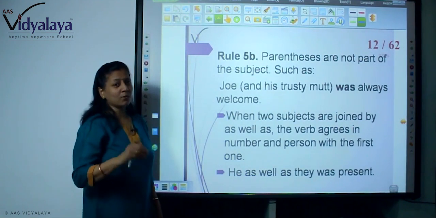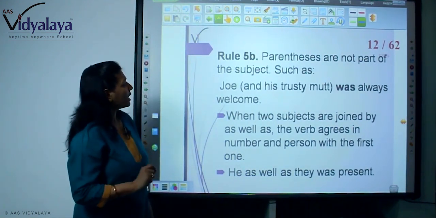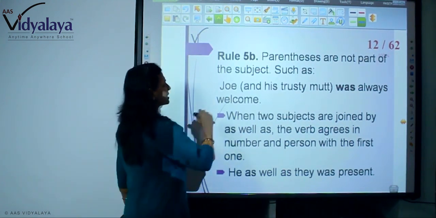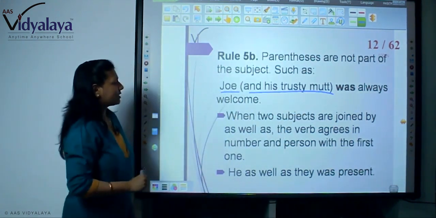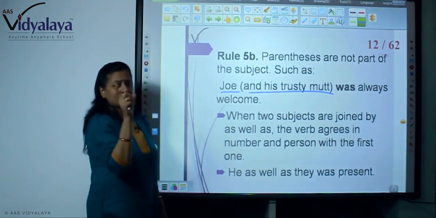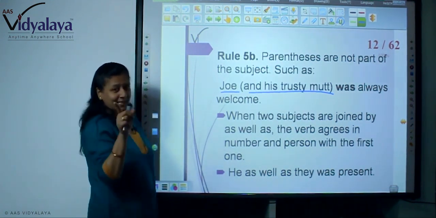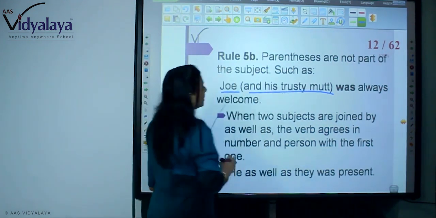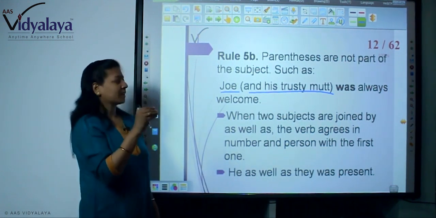Now the same rule, but be part of that. Parentheses are not part of the subject. What is parenthesis? For example, Joe, and his trusty mutt, was always welcome. The thing is that within the commas, within the inverted commas, within the brackets, when we write something, we do not have to consider that for verb agreement.